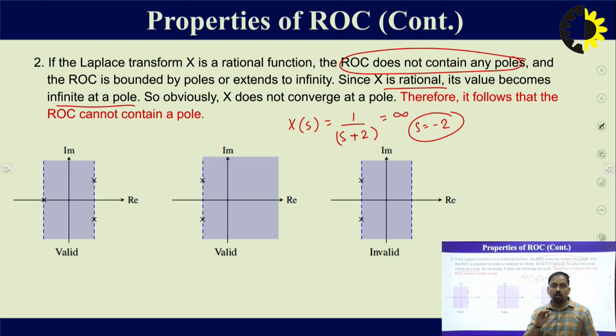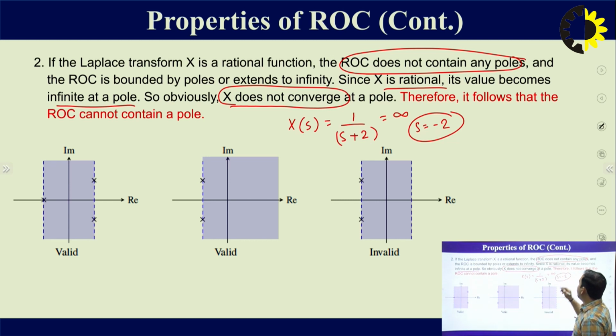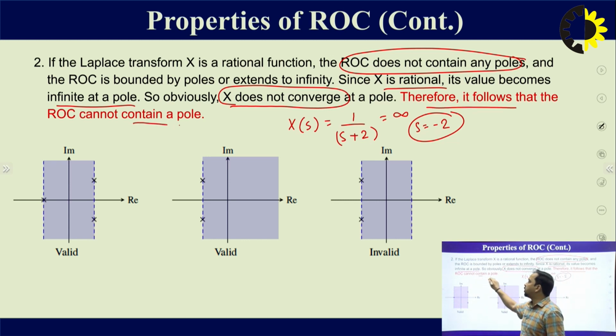That means at the location of poles, the transform becomes infinity. So obviously we can say that X does not converge. Once the Laplace transform value is infinite, it is not converging at poles. Therefore, it follows that the ROC does not contain any pole.